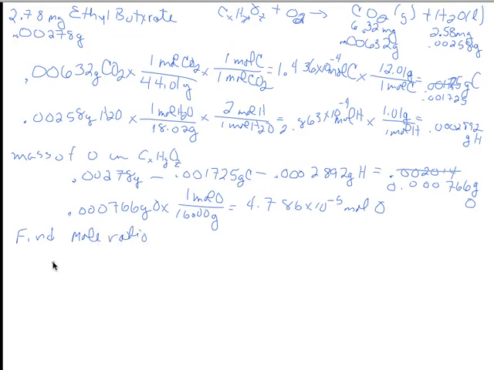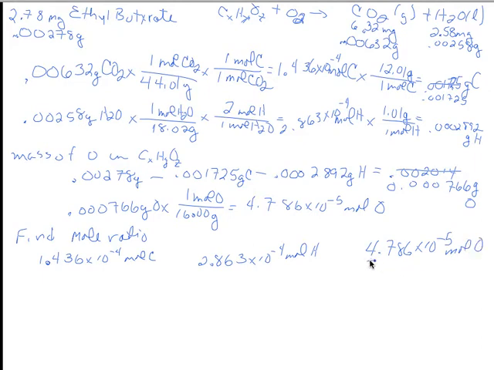For the moles of carbon, I have 1.436 times 10 to the negative fourth moles of carbon. I have 2.863 times 10 to the negative fourth moles of hydrogen, and I have 4.786 times 10 to the negative fifth moles of oxygen.